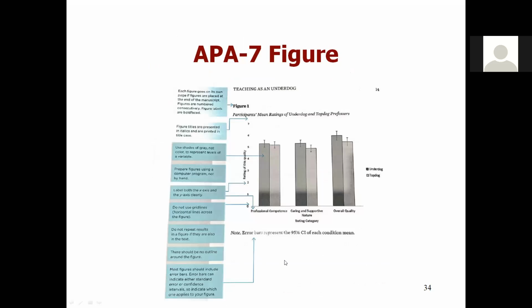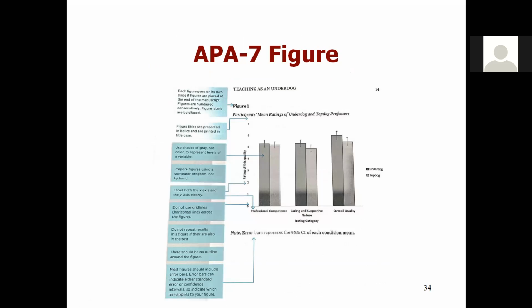Oh, let's talk about figures. So you will have to have a figure. We could use both tables and figures, but we don't have to do it all of the time. We have to decide which of the two formats, a table or a figure, is more telling.